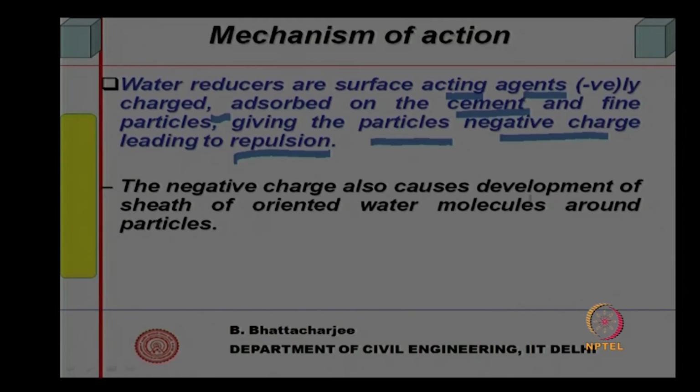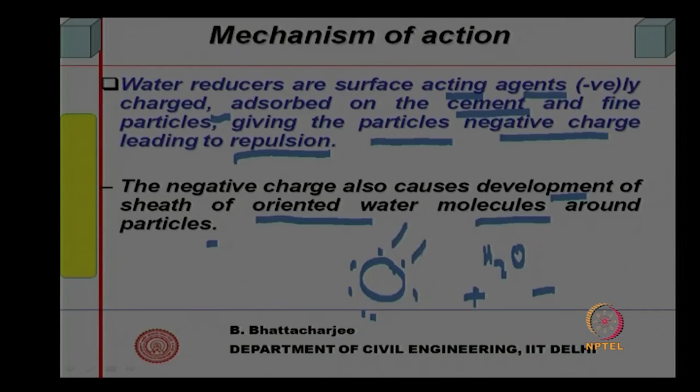Now, negative charge also causes development of a sheath of oriented water molecules around particles. That is, if this is your particle, now everything is negatively charged, and water, H2O, is polar, with the positive and negative charge not coinciding.